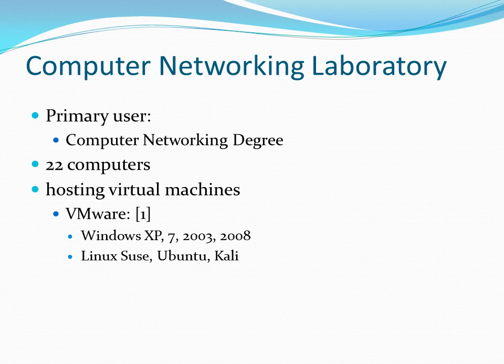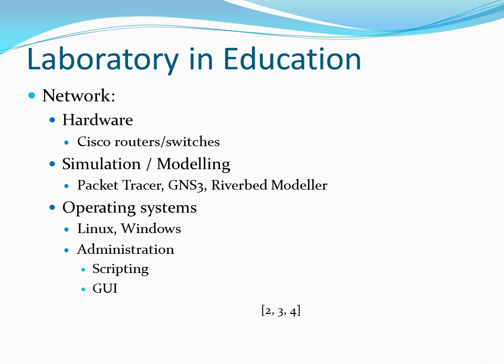The computers are used to host virtual machines using VMware. So we have virtual machines for Windows XP, 7, 2003, 2008, and Linux, for example, SUSE, Ubuntu, and Kali Linux. And we can also get the computers to talk to Cisco routers, switches, and ASA appliances and other hardware.